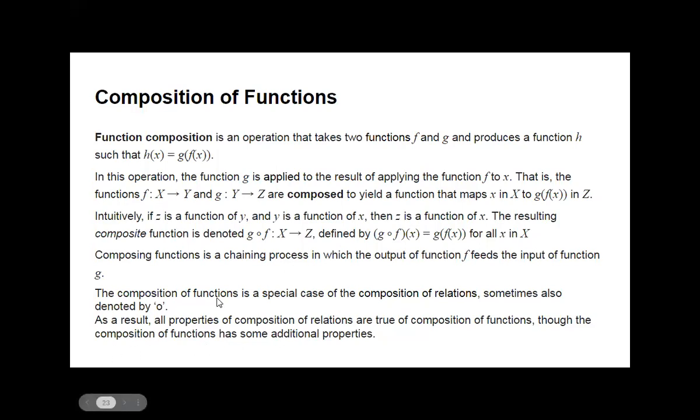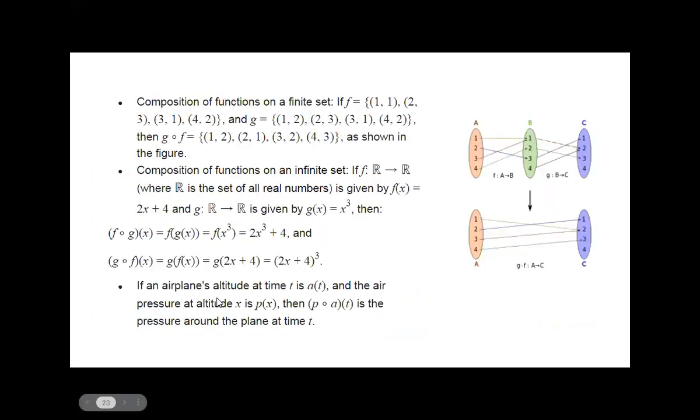Now, actually, we will see how the composition is performed. Composition of functions on a finite set: if f is 1 to 1, 2 to 3, 3 to 1 and 4 to 2. See here 1 to 1, 2 to 3, 3 to 1 and 4 to 2.